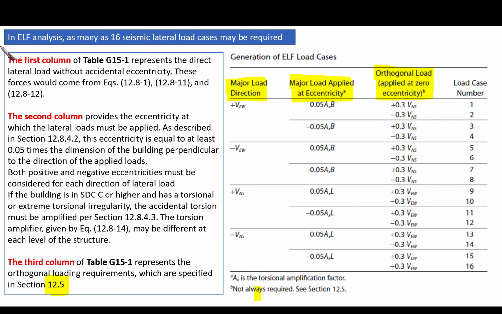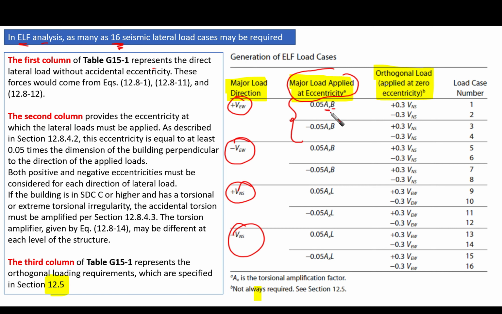Okay, so these are the cases for the equivalent lateral force analysis. We said 16 load cases, so we put them in a table here. The major load direction is east-west positive and negative, and north-south positive and negative. So each one has two of them. This is the major load applied with eccentricity 0.05 times A, where this is the direction perpendicular to the loading.